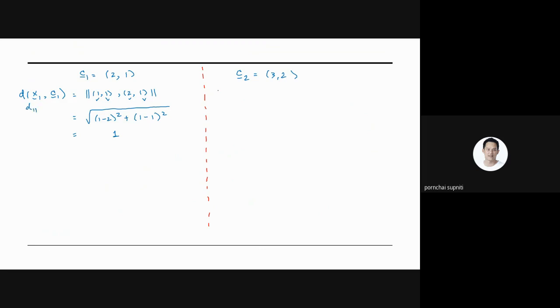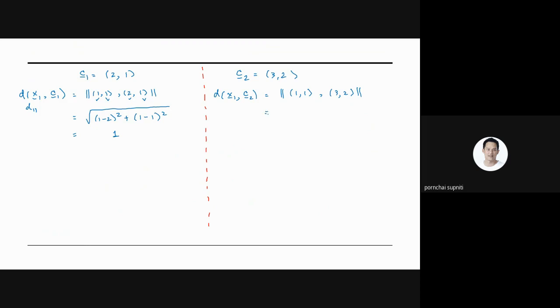And similarly, if I compute the Euclidean distance between x1 and c2, it's going to be the distance between the vector (1, 1) and (3, 2). Let me show you and let you do the rest, maybe one for each.